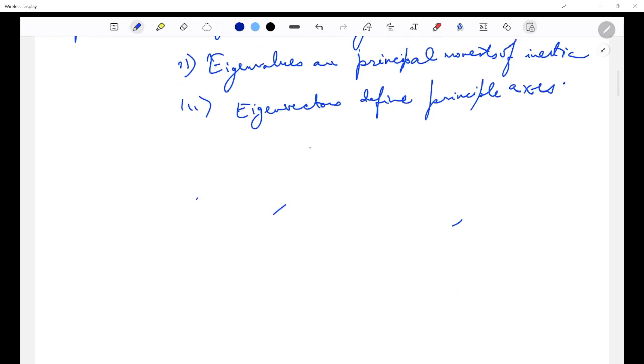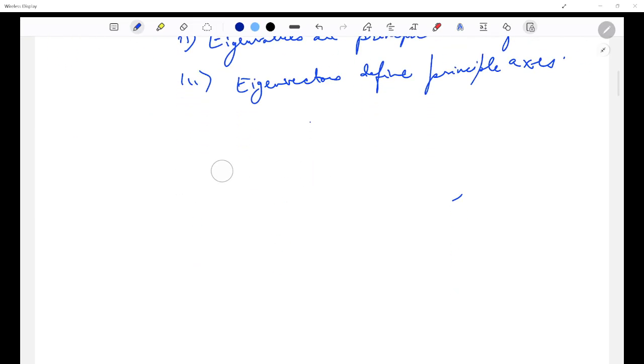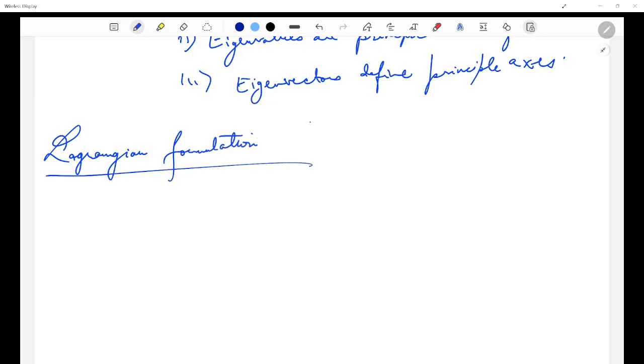Now we will move to the Lagrangian formulation. Okay, so this is the main concept. The first step that we are going to recap is kinetic energy.